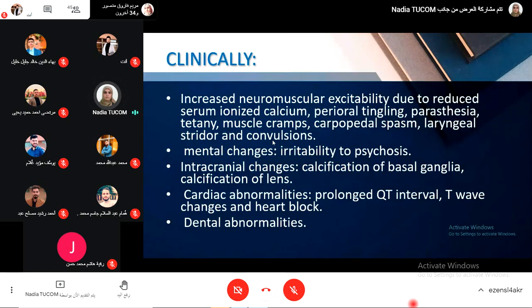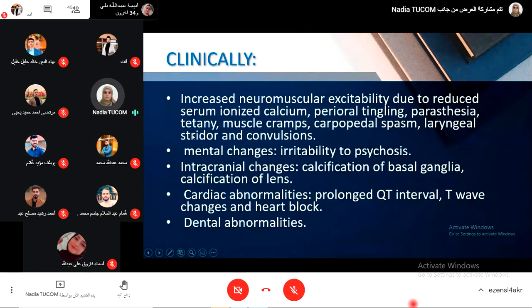Clinically, the patient has increased neuromuscular excitability due to reduced serum calcium, so features of hypocalcemia: increased cell excitability, neuromuscular excitability, perioral tingling, paresthesia, tetany, muscle cramps, carpopedal spasm of the hand at the wrist joint, laryngeal stridor, and convulsions.